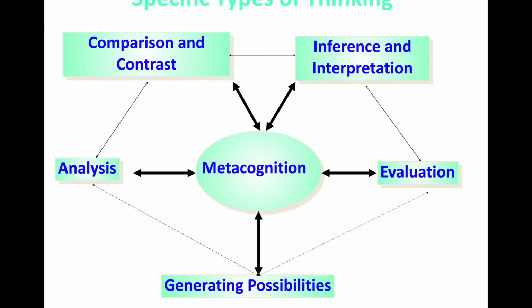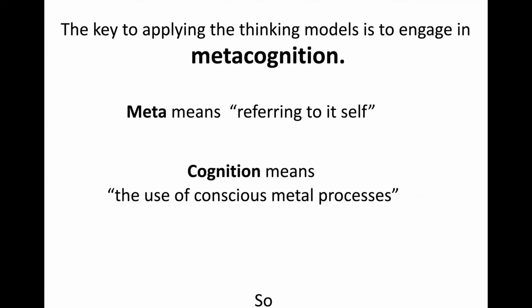We can see an oval shape in the middle with metacognition and the various other types of thinking all linking into it. The key to the thinking model is to engage in metacognition. Meta means referring to itself. Cognition means conscious mental processes.